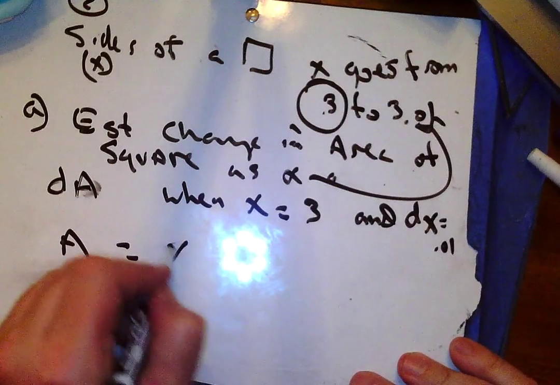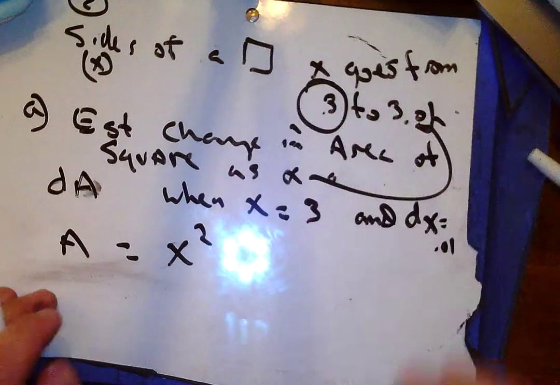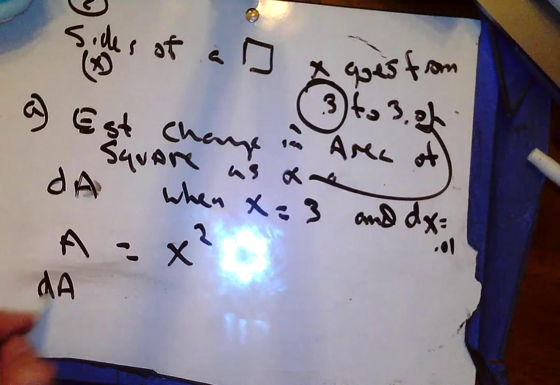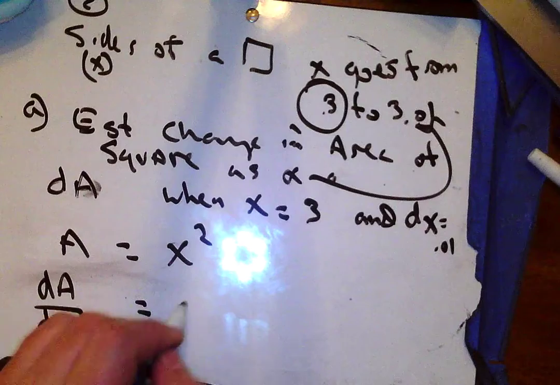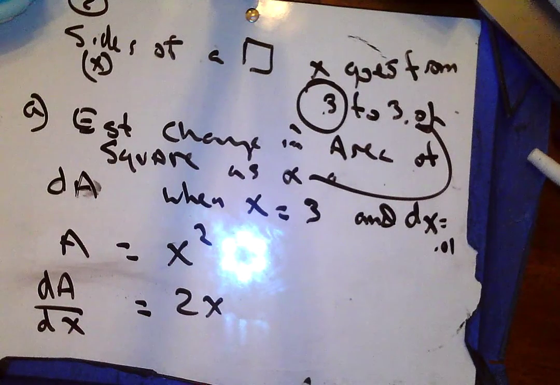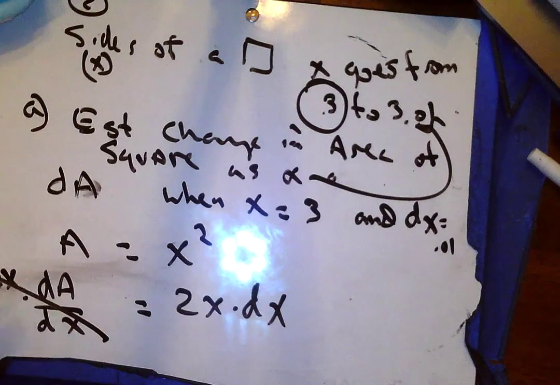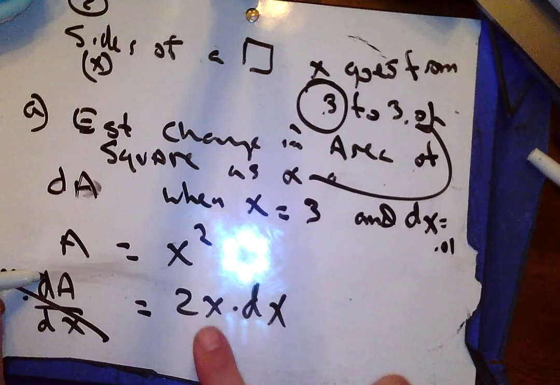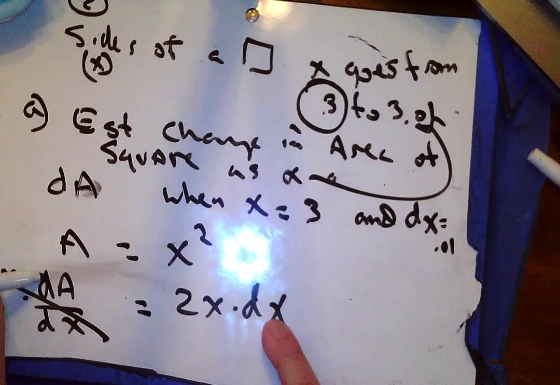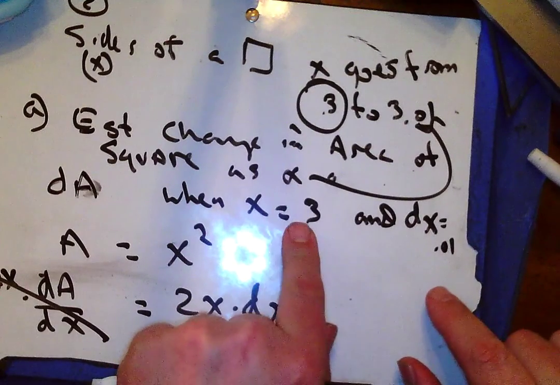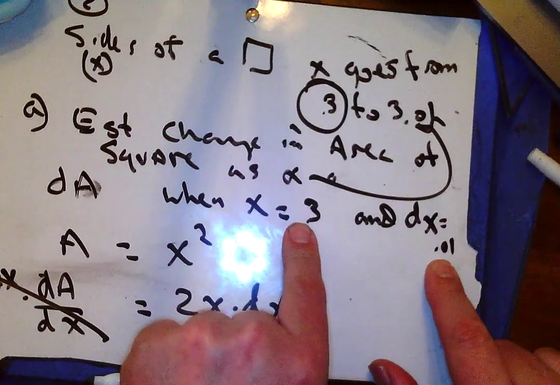A equals x squared. There's our area of the square formula. If I take the derivative with respect to x, I end up with dA/dx = 2x. If I multiply both sides by dx, I get dA, and I need to plug in an x value and a dx value, and I have those. My x is 3, my dx is 0.01.